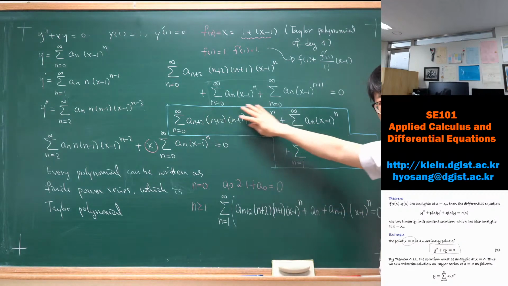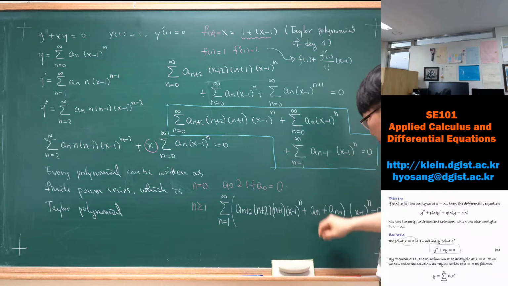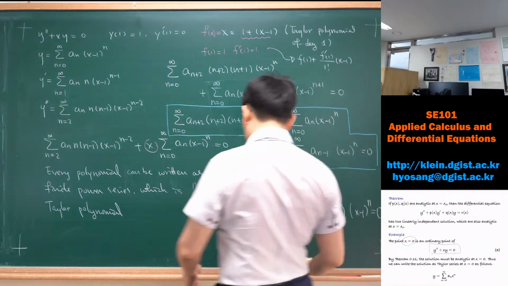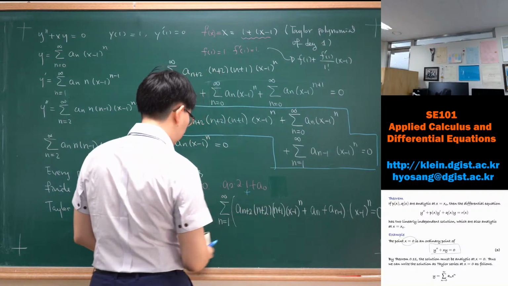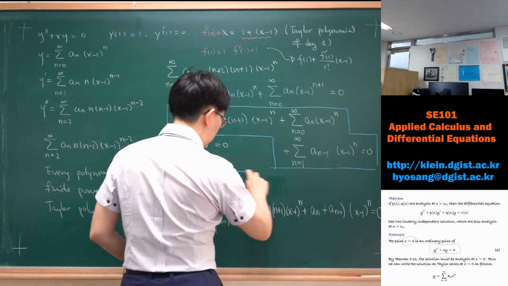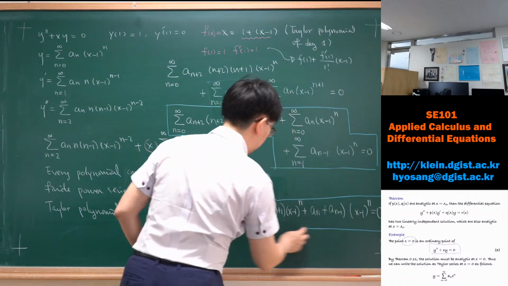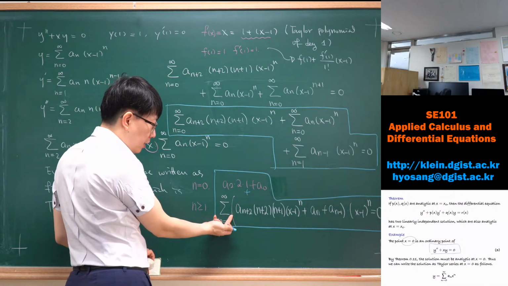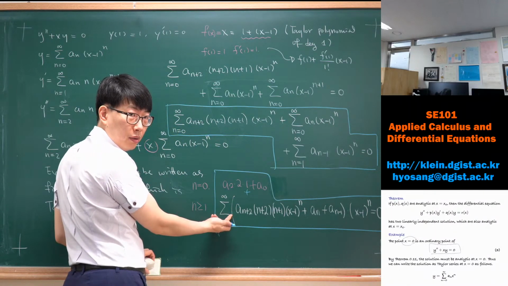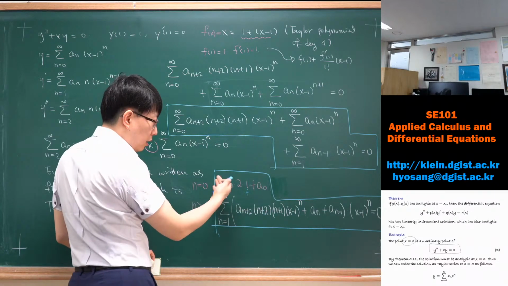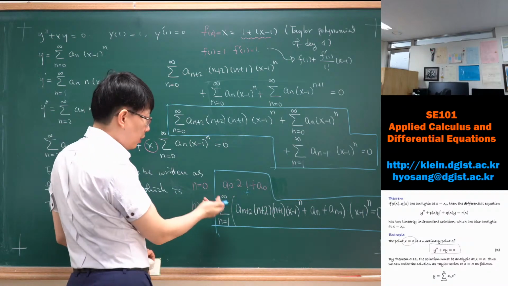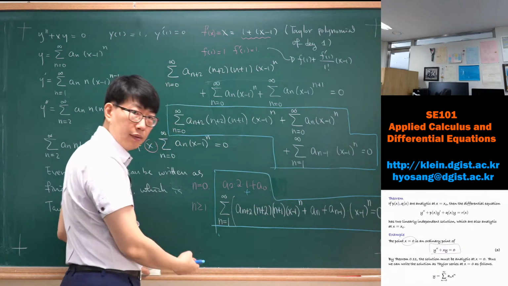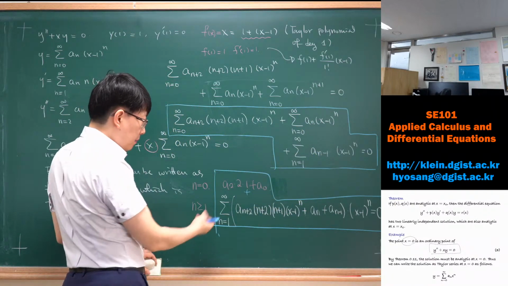So this blue equation is basically equal to this equation: the constant term plus non-constant terms. If you separate out the constant terms, then you can combine all these three sums into one big sum.